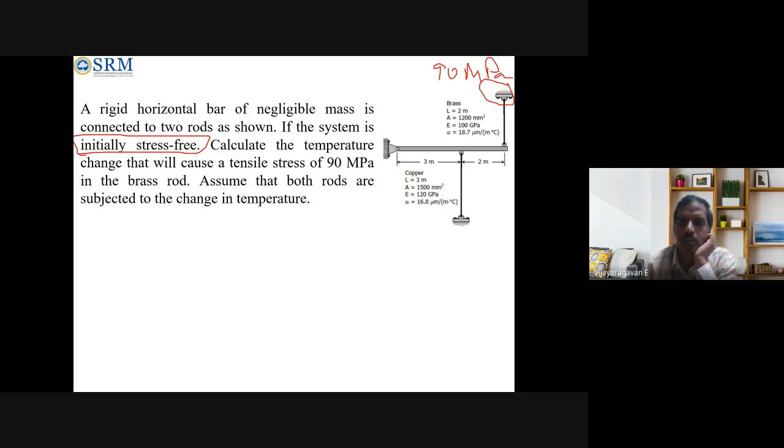How to convert megapascal to newtons per mm square? What is 1 megapascal?